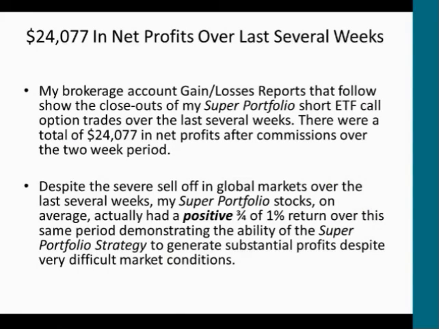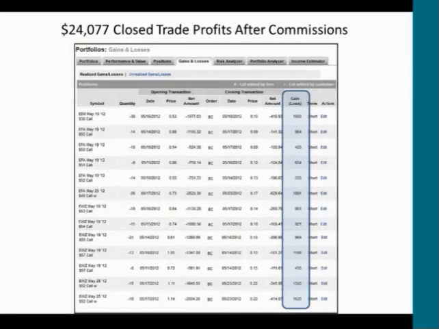Now here's, this is a pretty good gauge of how this super portfolio has been performing. Here's a snapshot of my closed trades. In other words, these are the May 19th weekly calls. This is for the emerging market index, Europe index, Brazil index.